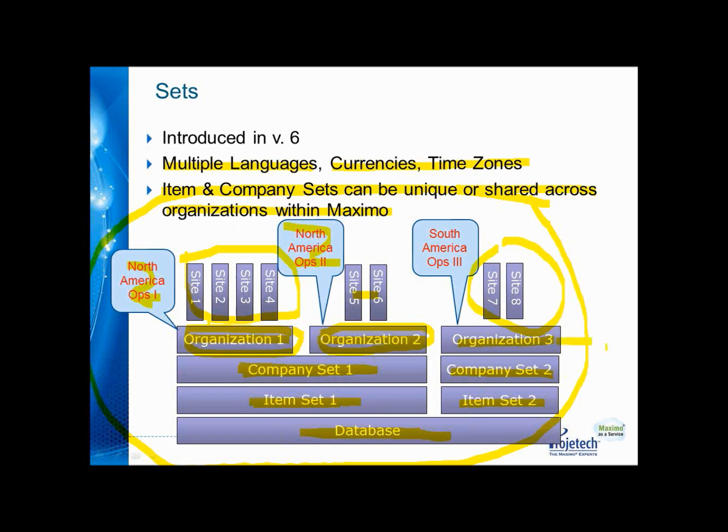And typically, when you're implementing Maximo or considering a major upgrade from an older version of Maximo to 7.5, this is one of the things you have to look at when you start your project: how are we going to take advantage of this, and how are we going to set up our structure? If you're fairly flat or just have one operation, it's pretty simple.